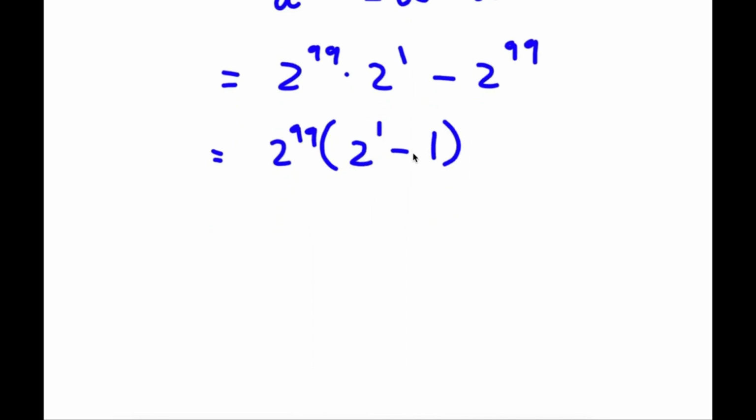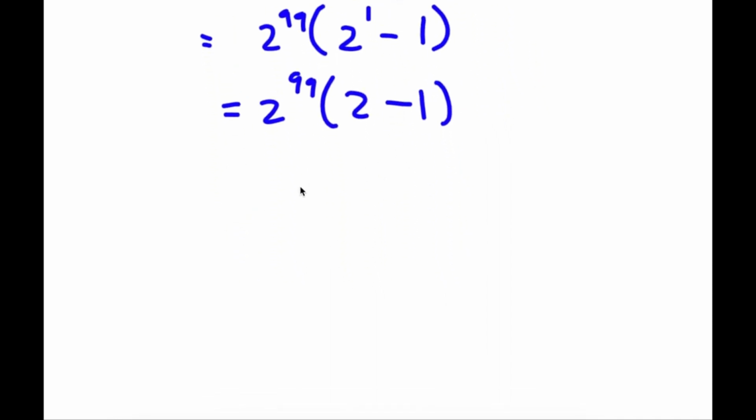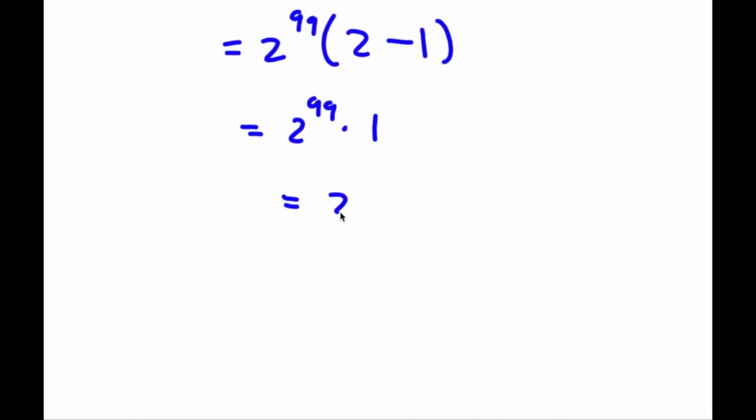Now, 2 to the power of 1 is 2, so I have 2 to the power of 99 times 2 minus 1, and 2 minus 1 is simply 1, so I have 2 to the power of 99 times 1. Anything times 1 is itself, so now I have 2 to the power of 99.